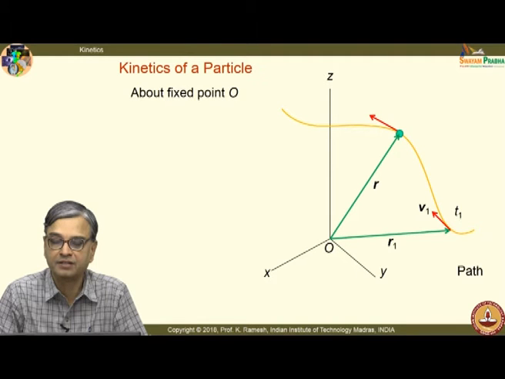The velocity is nothing but r dot, tangential to the path. It moves to another point at time t2. I call this r2, and I have this velocity as v2 at time t2.